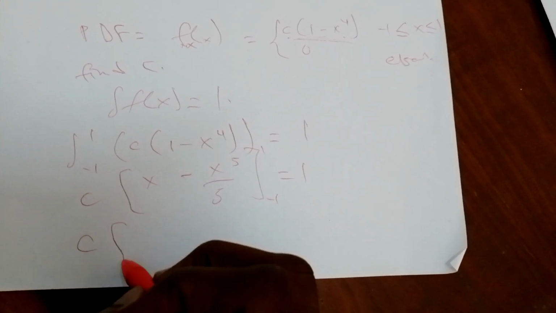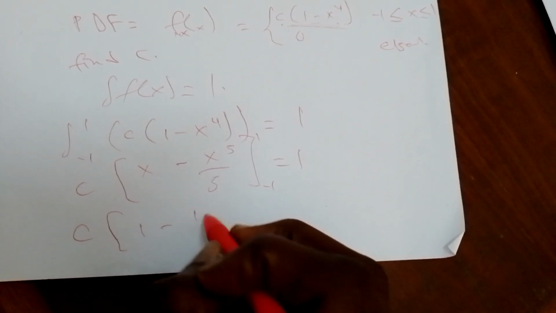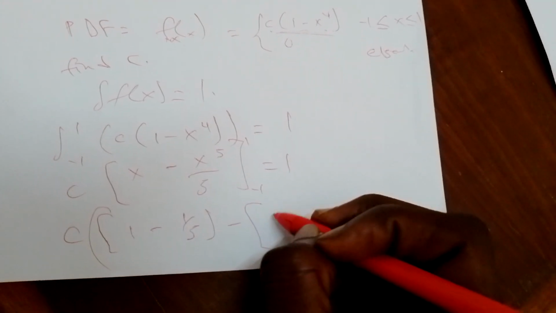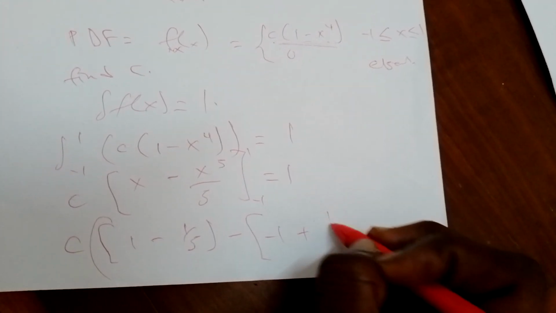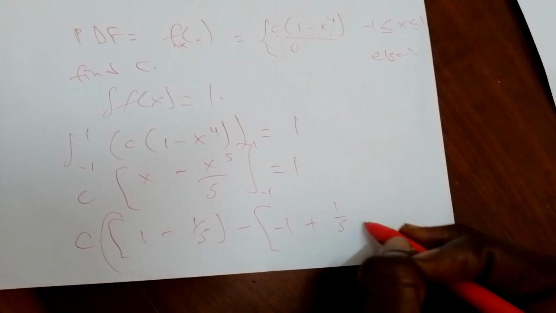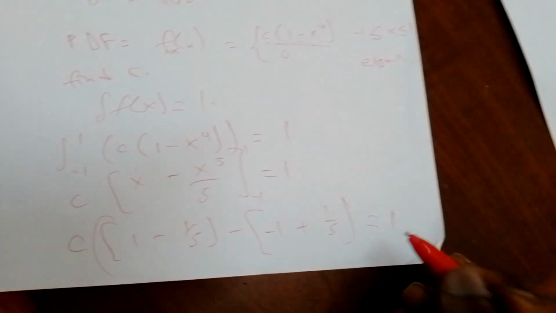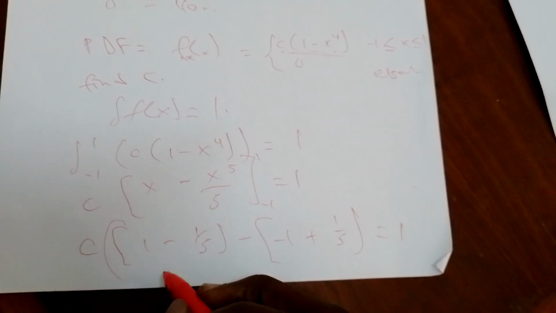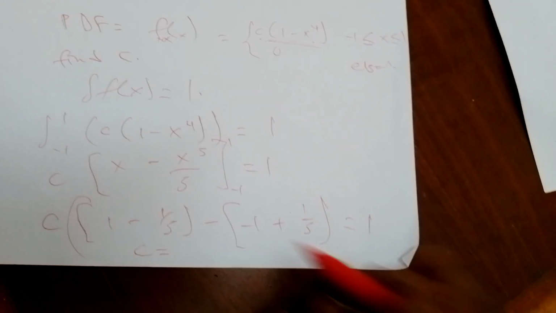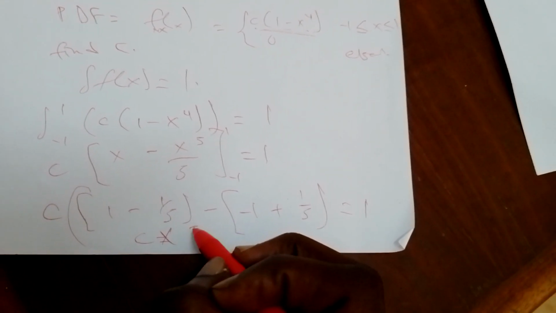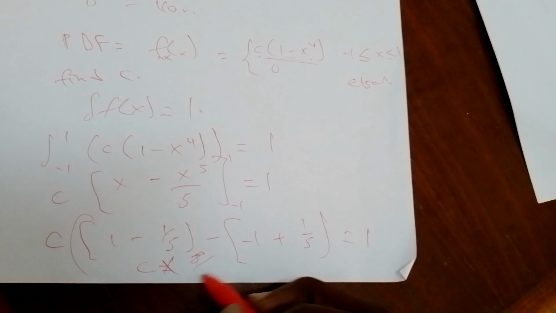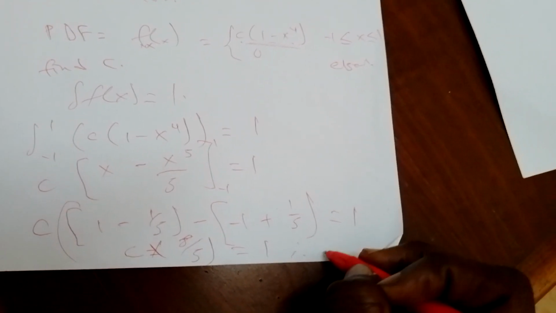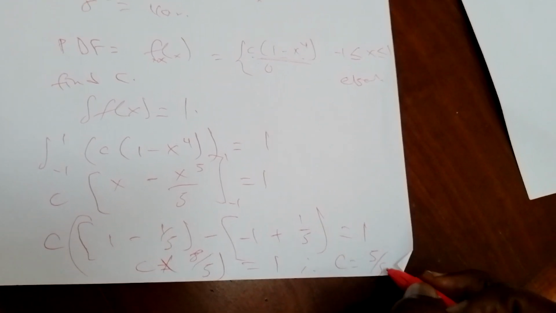Then you have c into bracket 1 minus 1 on 5 minus, there's a big bracket here, and then minus 1 plus 1 on 5, okay, equals 1. So with this, if you simplify, you'll be getting c times 8 on 5, right? You can try it out and see. Then this means that your c will be equal to 5 on 8.